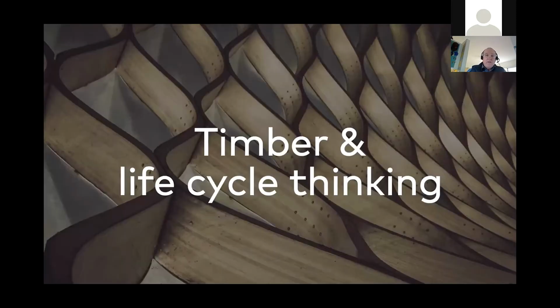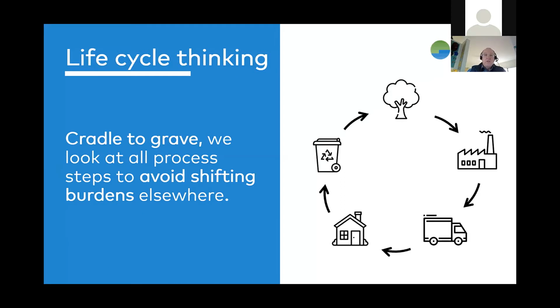So, timber and life cycle thinking. Life cycle analysis, life cycle thinking, a few terms we use are like cradle to grave. So we're looking at the manufacturing right to the end of use, the end of life of the product. Life cycle thinking is an internationally accepted method of analysis.